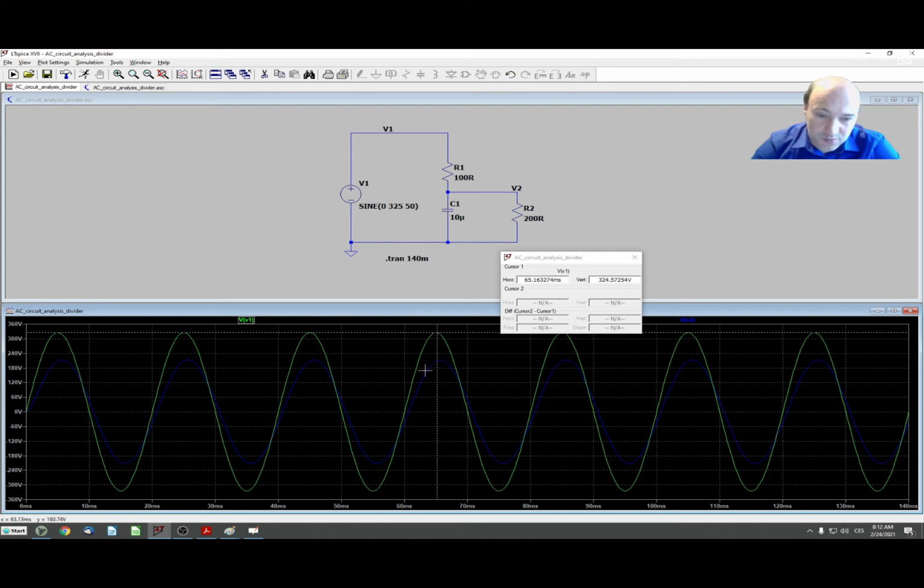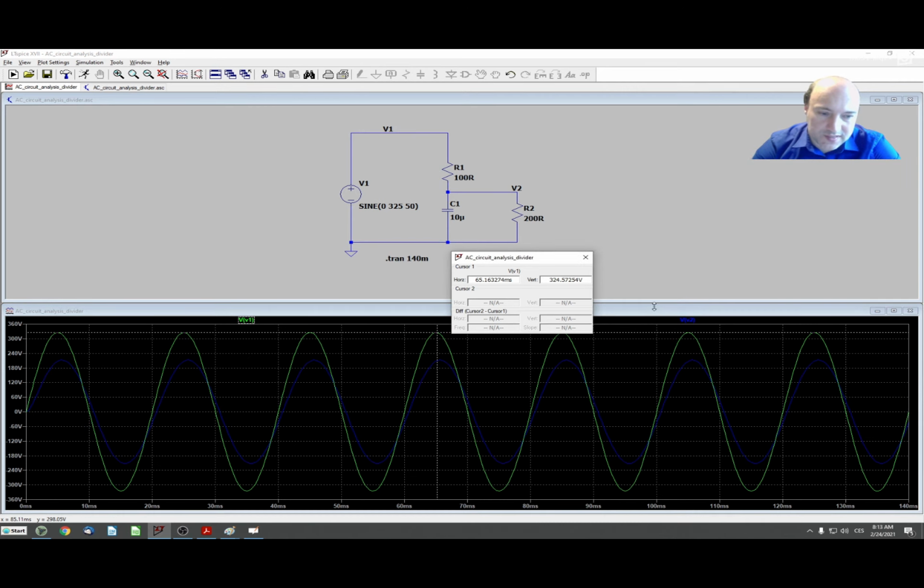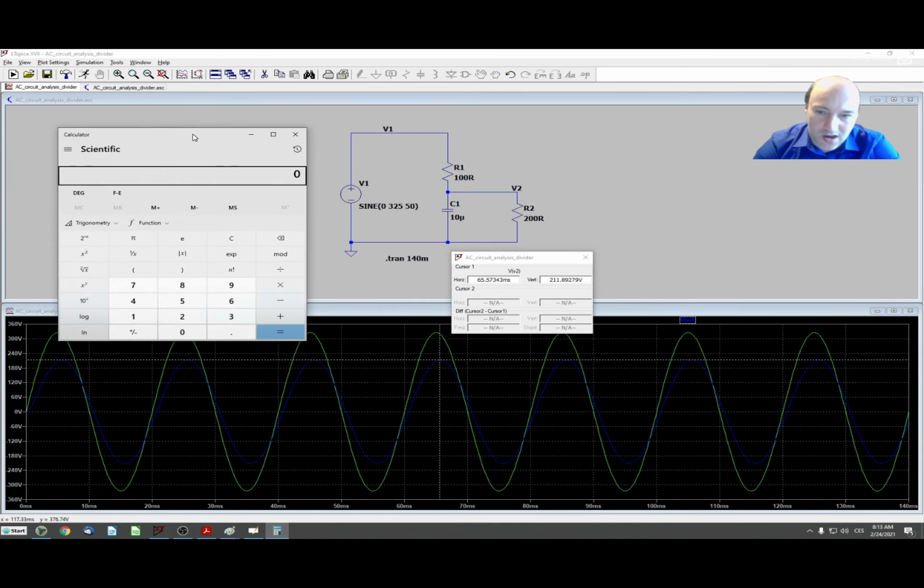And the blue curve here, that's the voltage that I have on my resistor R2. So if I select the cursor to be on the voltage of V2, here we see that the magnitude is 212 volts.